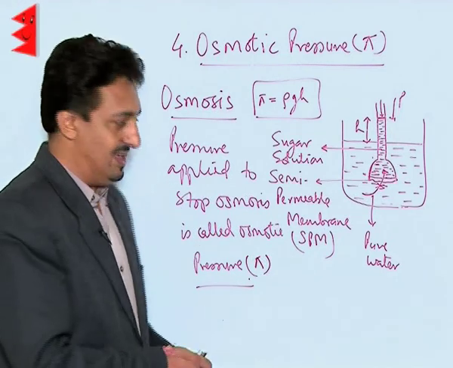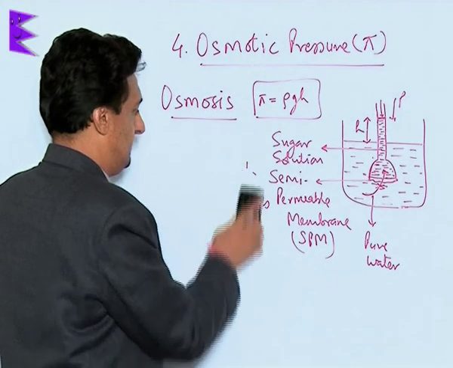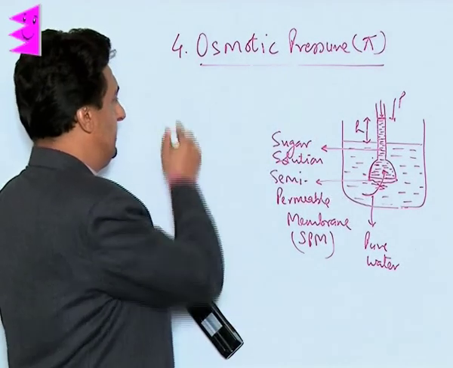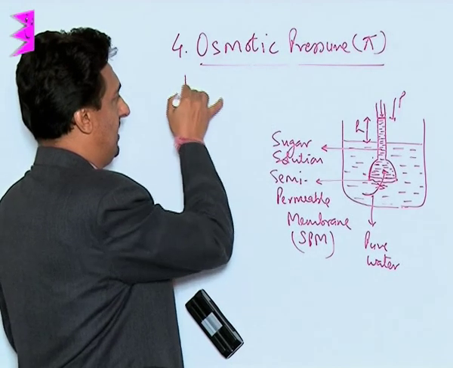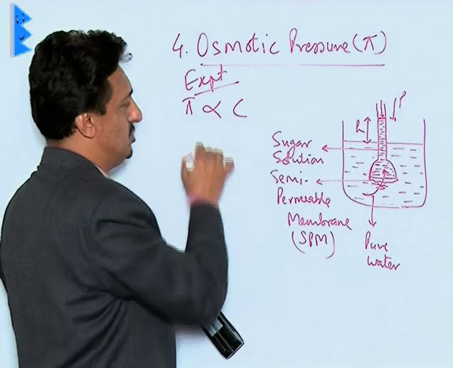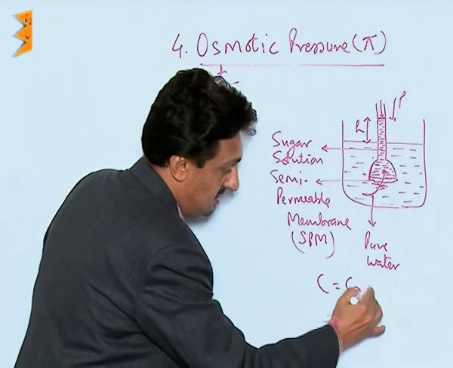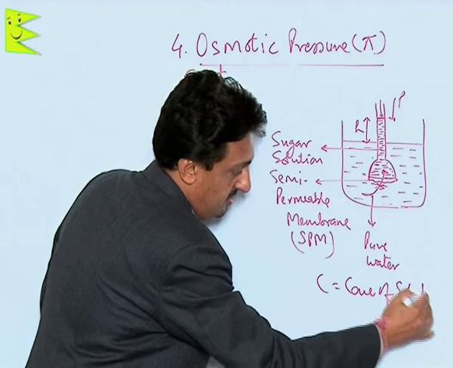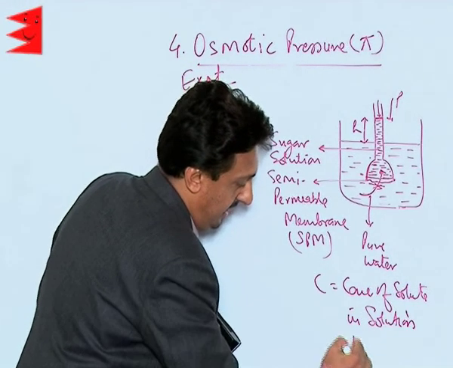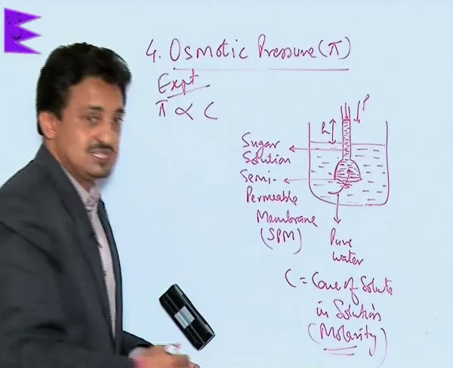Now experimentally it was found that this pi is proportional to C. What is C? C is the concentration of solute in solution expressed in molarity, moles per liter.